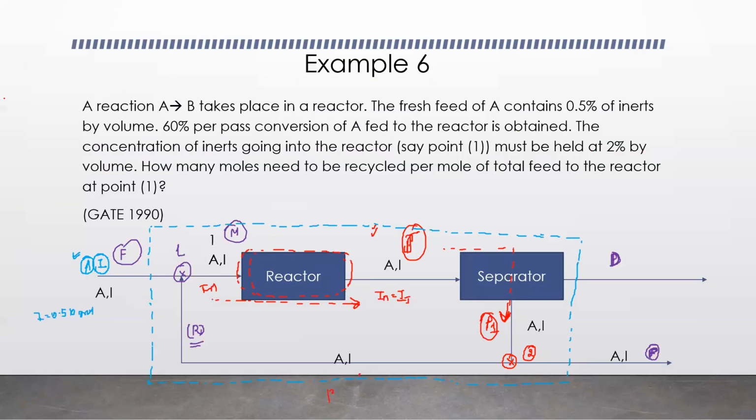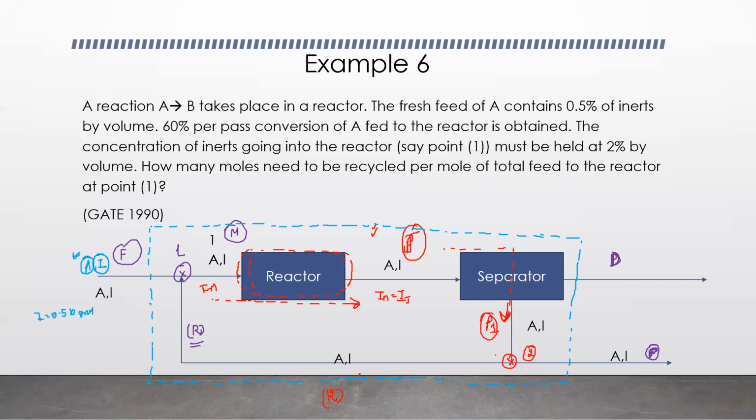Now, this purge stream is basically a portion of the P1 stream, right? There is no separator at junction number 2, which is separating P1, P and recycle R. There is no industrial separation unit involved here. We are just taking one portion of P1.